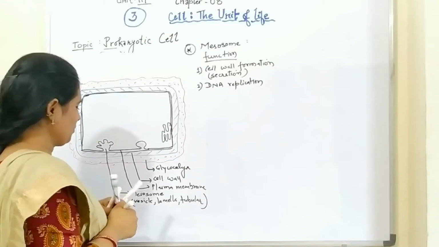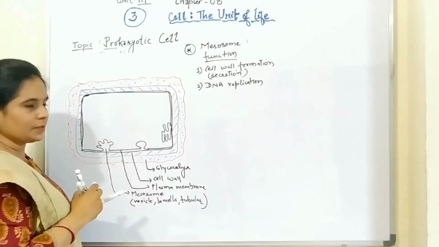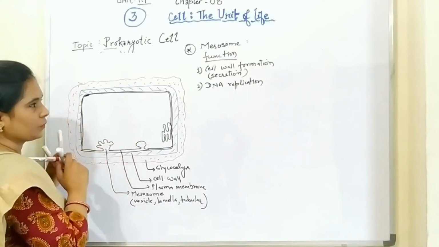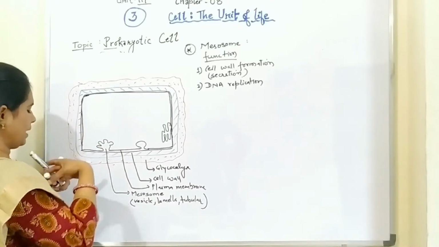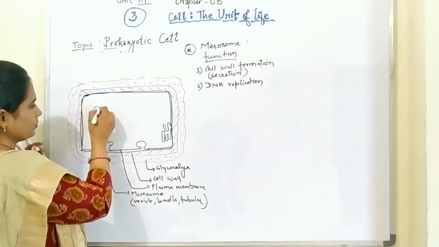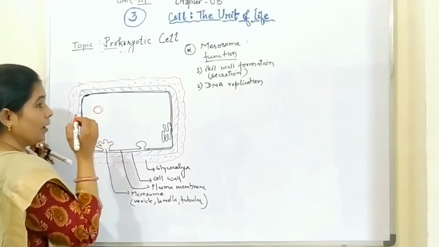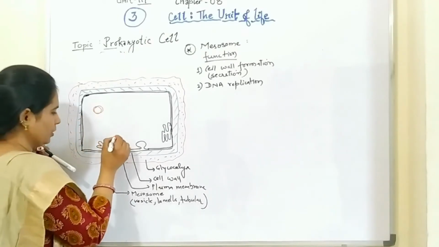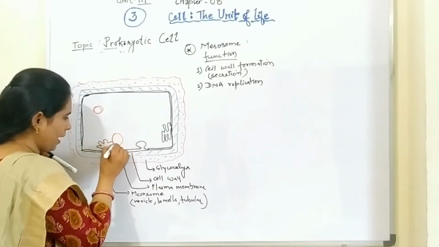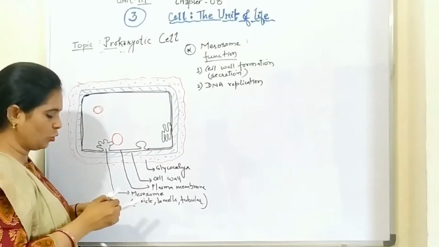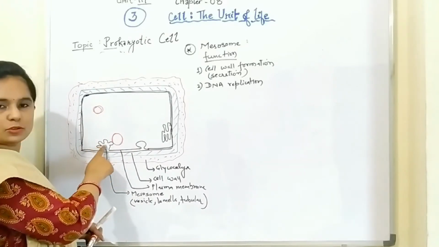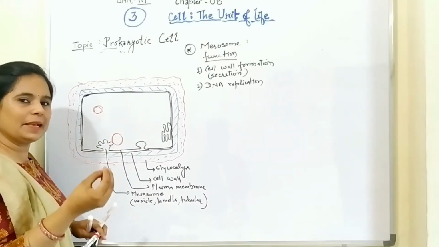DNA replication में what you will see is, you know that DNA is present here. इनका DNA present होता है. During replication, this DNA will come and associate with mesosome, and then this mesosome will help in replication of it.